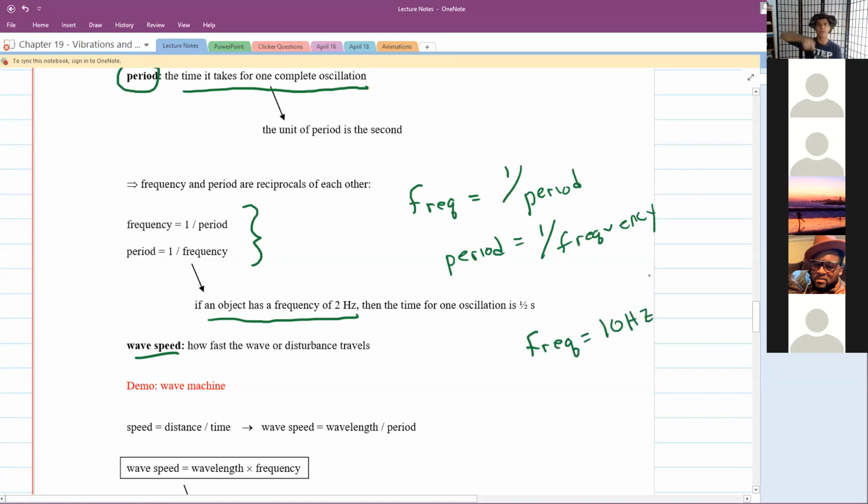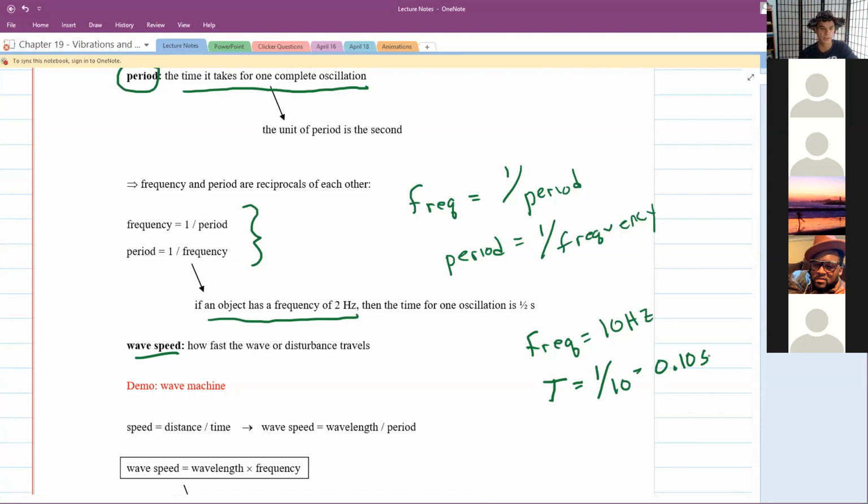That means every single second it's oscillating up and down 10 times. If that's the case, how long does it take for one oscillation? In this case, the period would be 1 over 10. It would be 1/10 of a second. So frequency and period are inversely related. Frequency is 1 over period.